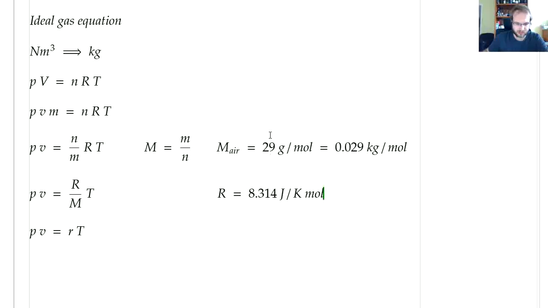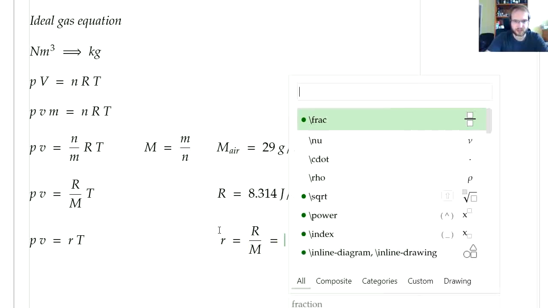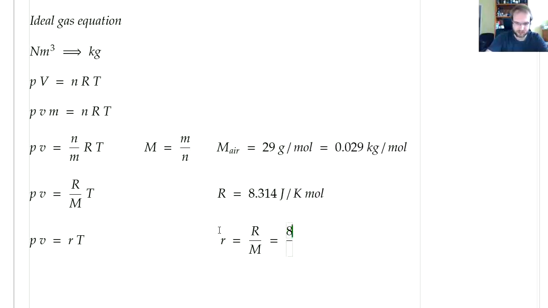So combining these together, we get that the r equals capital R over M, which is 8.314 divided by 0.029, which is 287. And now let's have a look at the units.